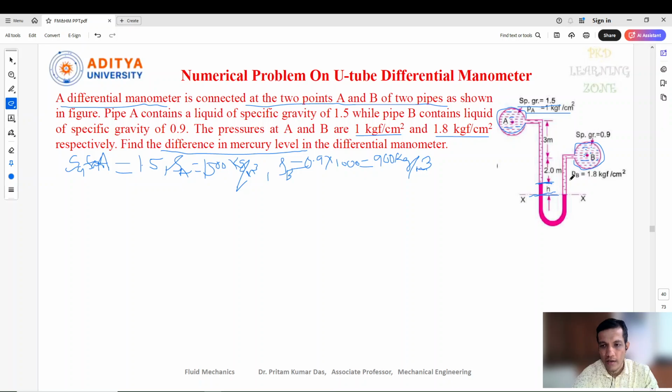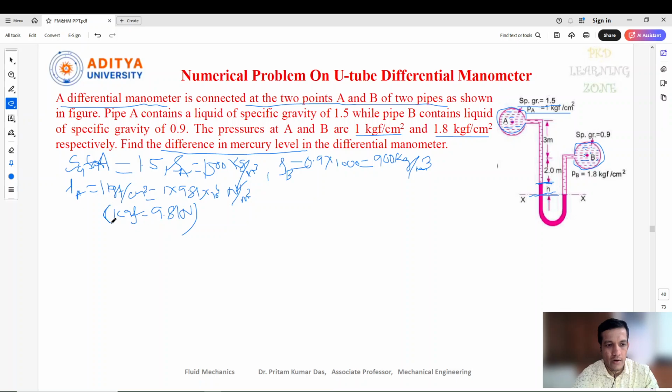Next is pressure. Pressure at A, PA, equal to 1 kgf per centimeter square. We can write this as 1 into 9.81 into 10 to the power 4 Newton per meter square, because we know that 1 kgf equals 9.81 Newton.